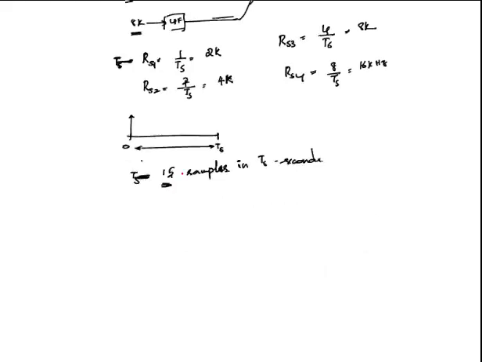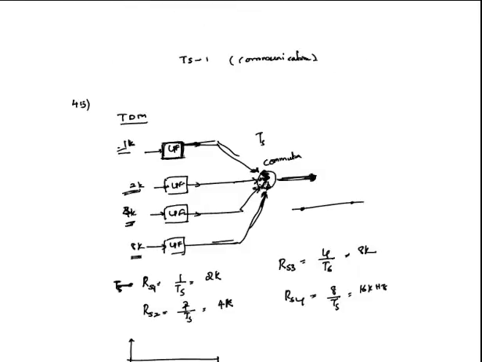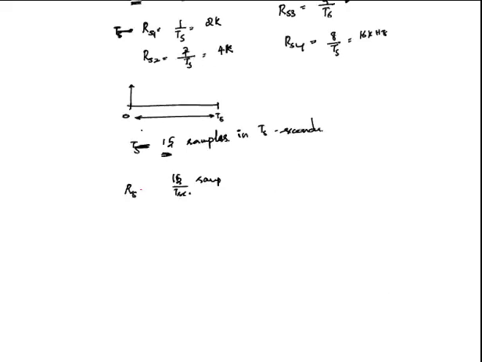So the commutator rate is the sum of all these rates, which is nothing but 2 plus 4 plus 8 plus 16, which is 30 kHz. That is, you would have 30,000 samples per second. That is the rate of the commutator.